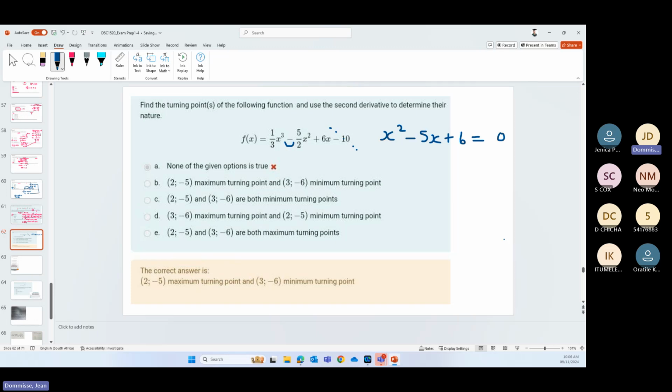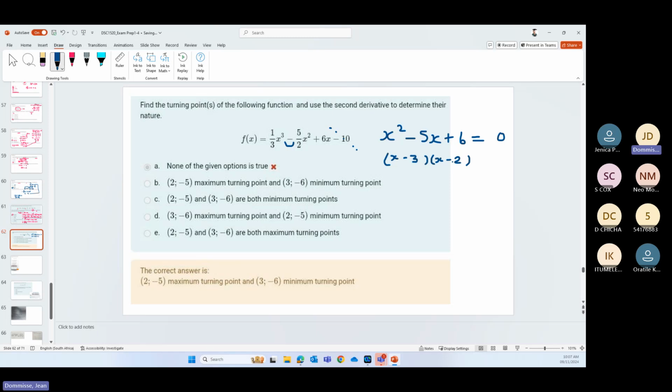Now we need to factorize that, or we can also use the formula x equals minus b plus or minus. But looking at the answers, there's no fraction, so this should be an easy one to factorize. There's a 6 and a 5, so how do we get to a 6? Well, 3 times 2.